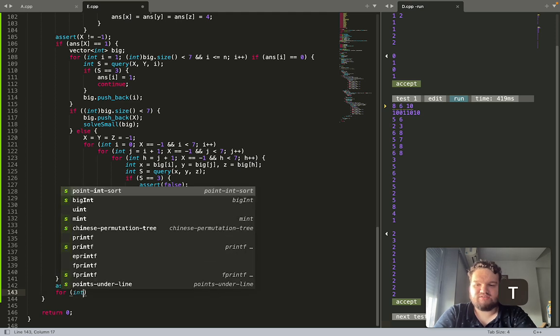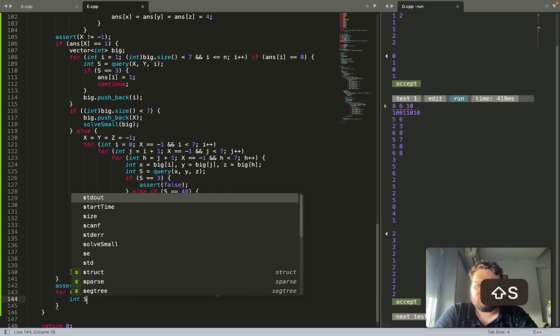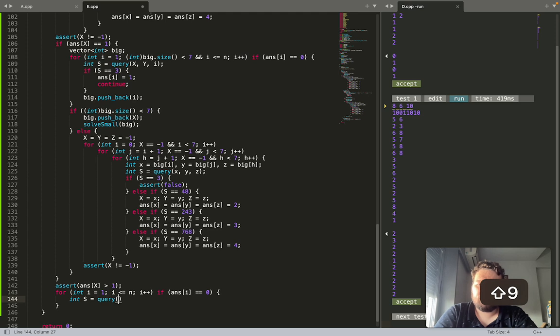And so now I can just iterate over all the elements, and if I don't know the answer yet, then query. And now I need some functions that will say what is the correct value for ans I.